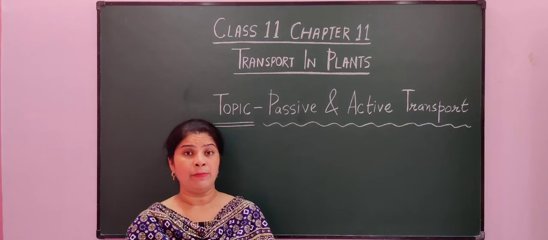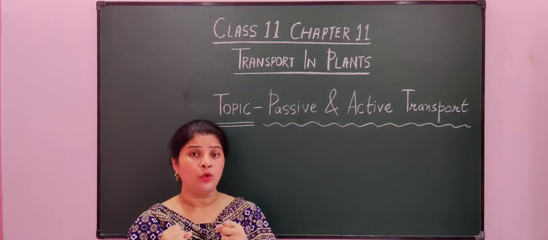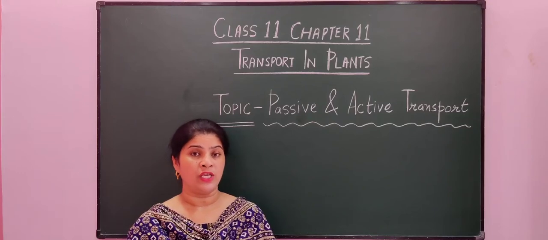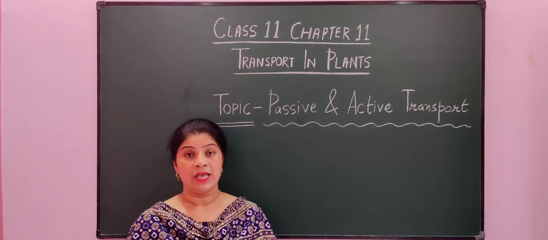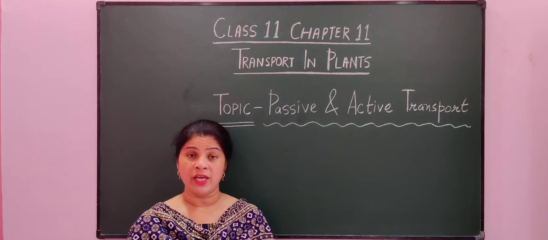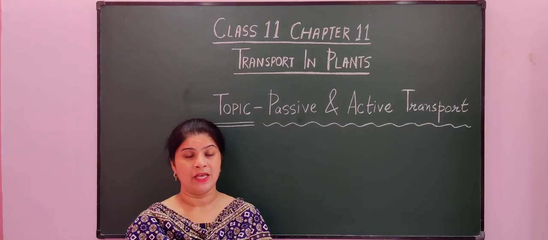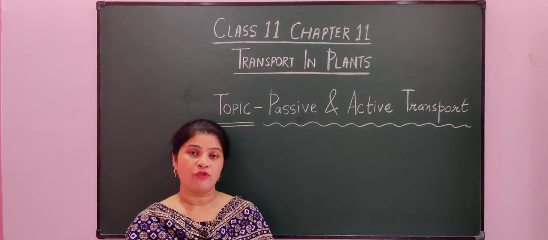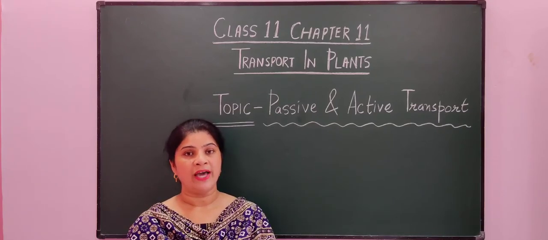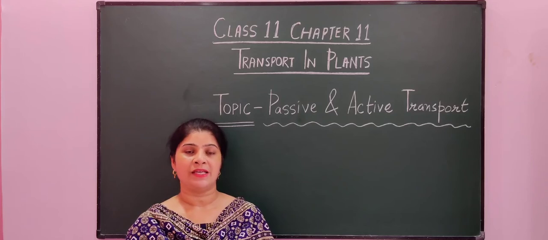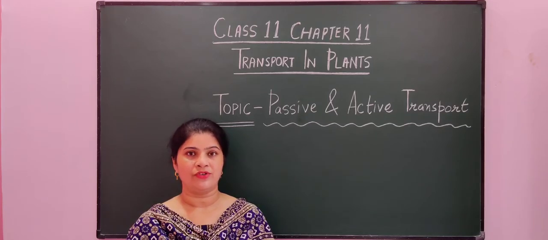Now, the cell membrane has very good control over the entry or exit of materials. Sometimes the materials are entering or leaving the cells against the concentration gradient. So this movement of materials from lower concentration to higher concentration is known as active transport. So students, let's start active transport.